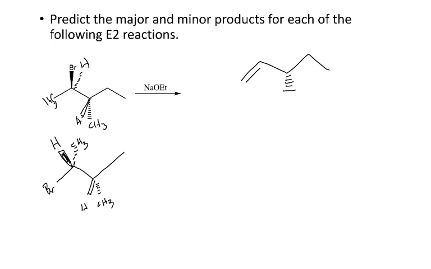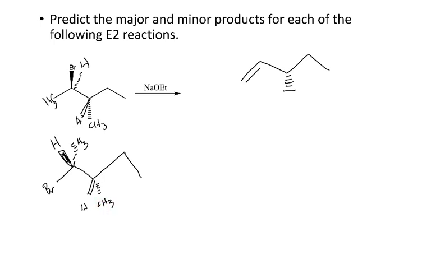Now we need to do the same thing at this carbon atom. We need to rotate it so that the hydrogen takes the place of, oh, I forgot carbon there. We need the hydrogen to be in this position, so the methyl is going to take the place of the hydrogen, and the ethyl is going to take the place of the methyl.